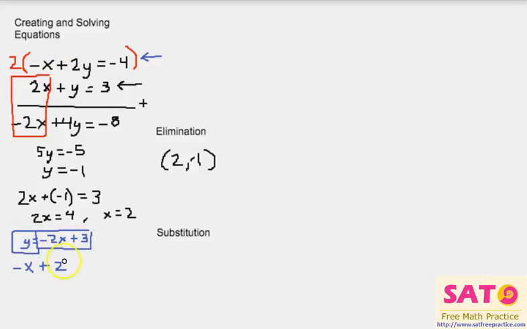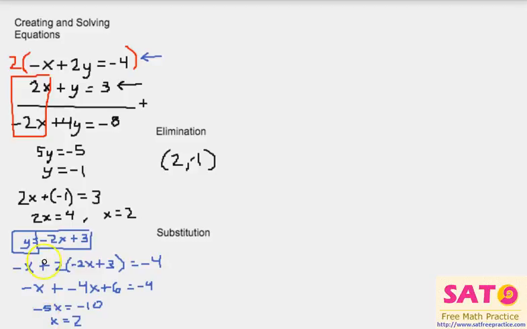So 2y would be 2 parentheses multiplied by the new y, which is negative 2x plus 3, and it's equal to negative 4. We can simplify this and distribute the 2 to get negative x plus negative 4x plus 6 equals negative 4, and negative 5x equals negative 10, and x equals 2.